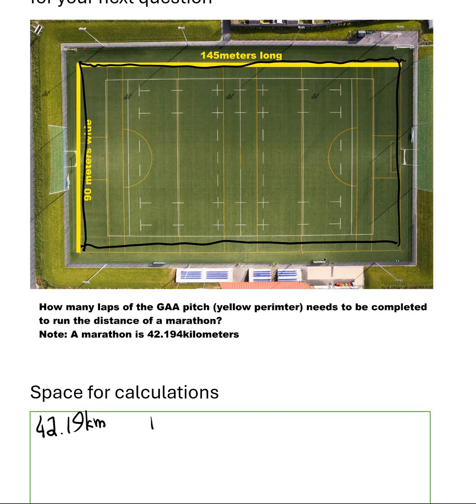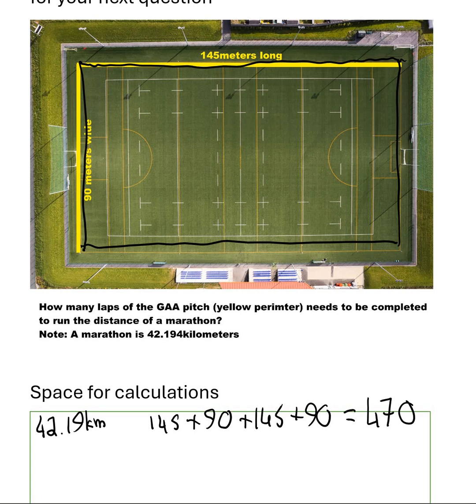So the perimeter is 145 plus 90 plus another 145 plus another 90. If we add that up, we get 470 meters. So 470 meters is 1 lap of the pitch.